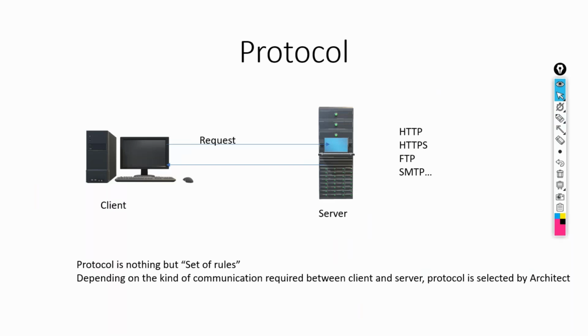If you're transferring files from client to server, you use a file transfer protocol. If you're dealing with mail exchange between client and server, you use Simple Mail Transfer Protocol, SMTP. Like that, you have different sets of protocols, but it all depends on what data is getting exchanged between client and server. So based on that, the protocol will be selected by the architect.